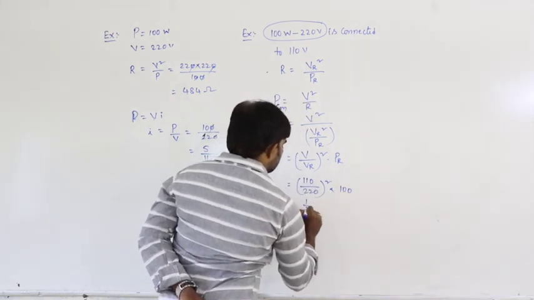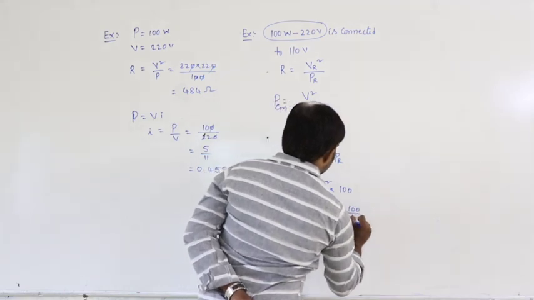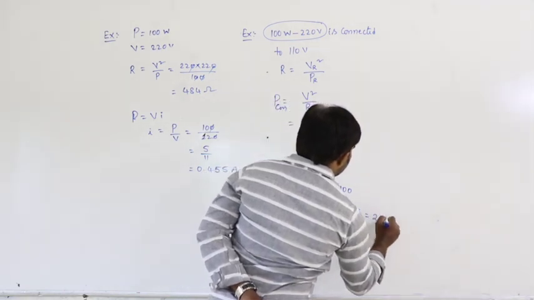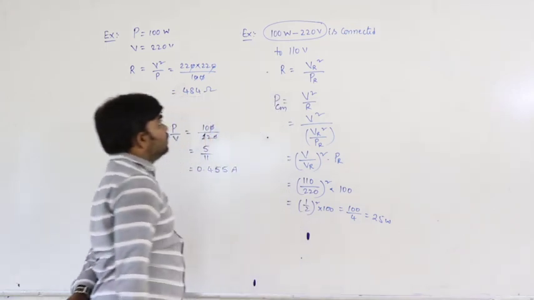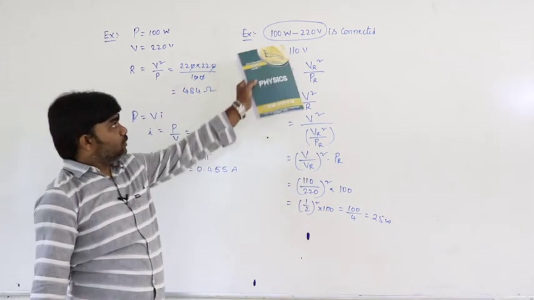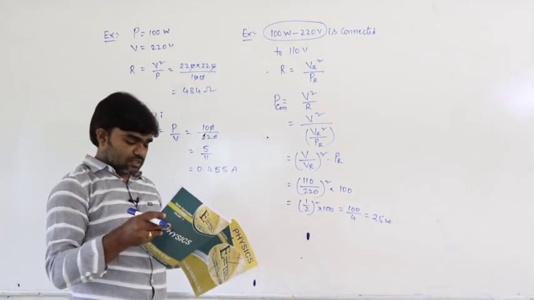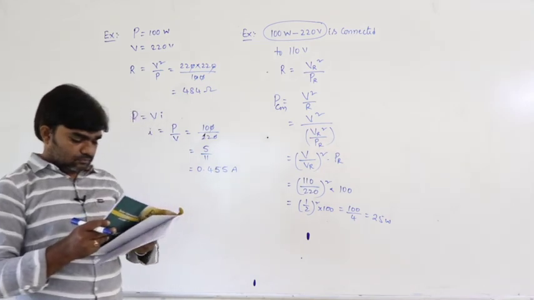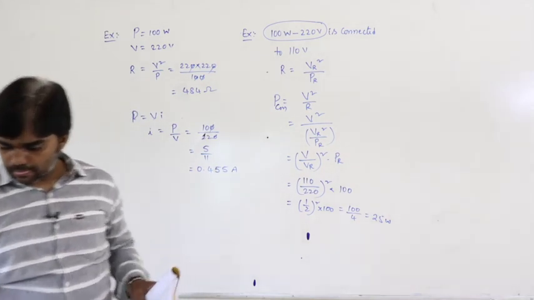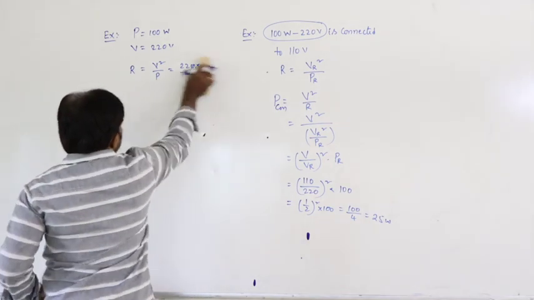So 1 by 2 whole square into 100, which is 100 by 4, so that is 25 watts. A 100 watts 220 volts bulb connected to the external potential of 110 volts consumes 25 watts. So next.